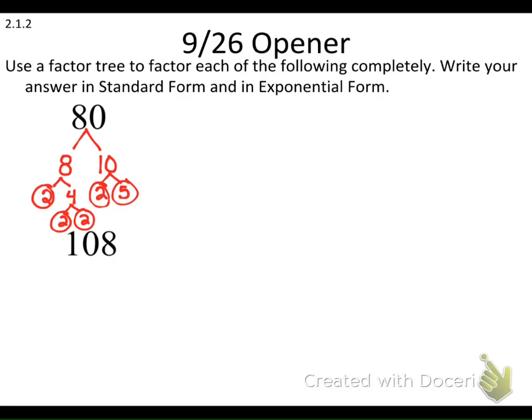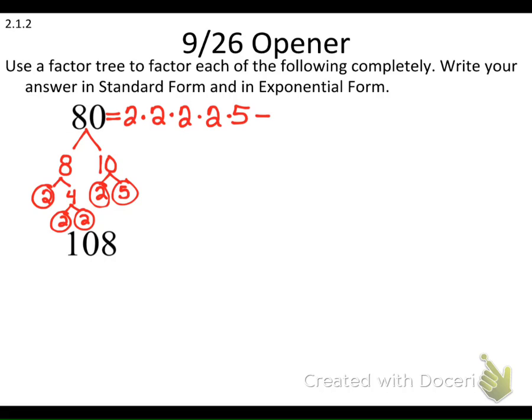So with my prime factors, I'm going to come to the right of 80, put an equal sign, and write my prime numbers in standard form. Standard form is in order from least to greatest. So I'm going to write 2 times 2 times 2 times 2 times 5.